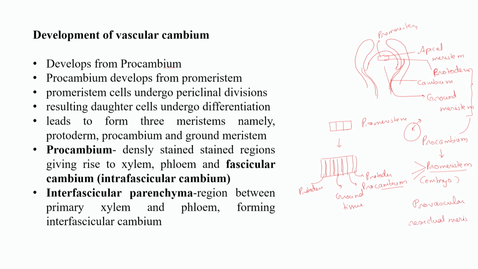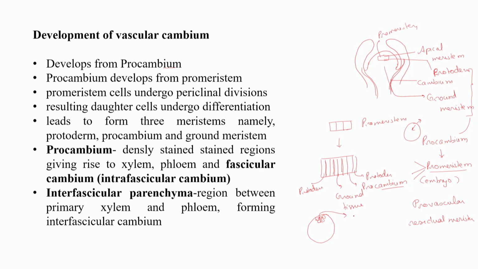So suppose it is forming a layer, in procambium also there are some densely stained regions. When scientists were observing it, they found that some densely stained regions were there in that residual meristem or that intermediate stage.